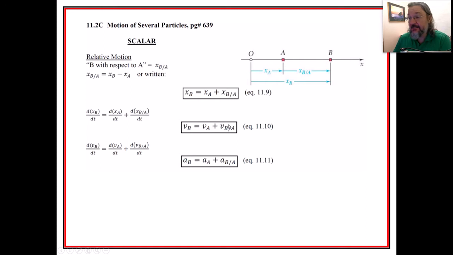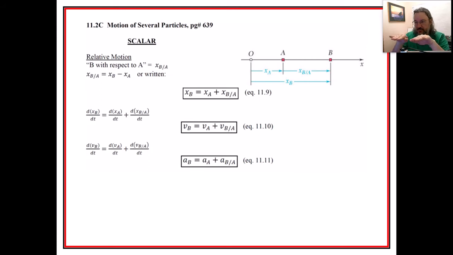This has a physical meaning that you should be familiar with if you're in a car driving in the left lane and passing somebody.